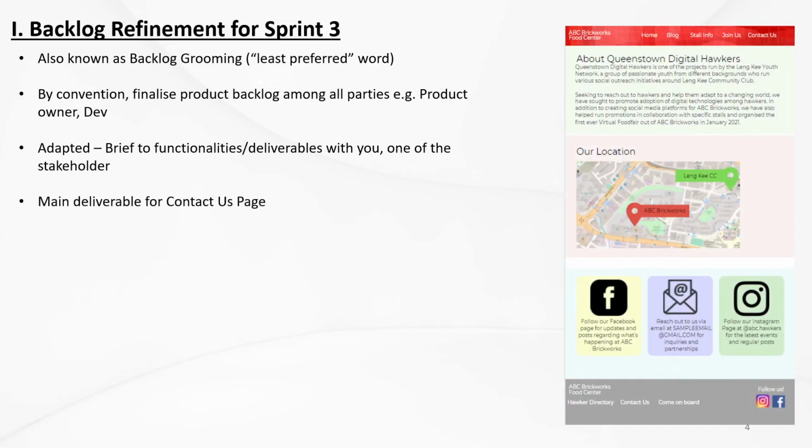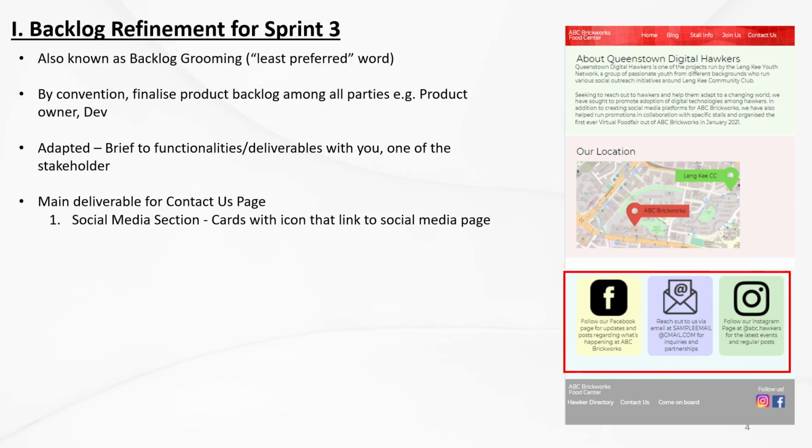For this sprint, we are building the Contact Us page. This page is made up of 3 sections. The top section is just a chunk of text description of the hawkers, so it's pretty standard, and we have already covered similar things in previous sprints. Thus, we will not be covering it in this sprint, but we will do it.